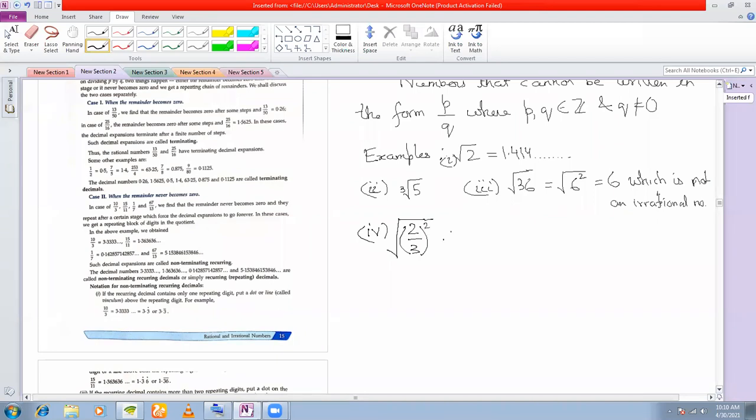This contains the square of a rational number, 2 by 3, under the radical sign.